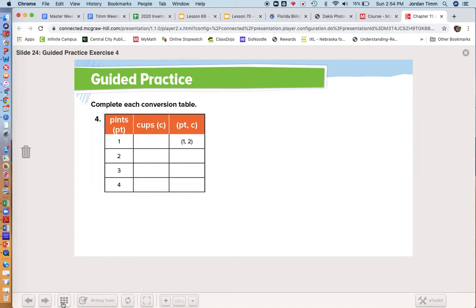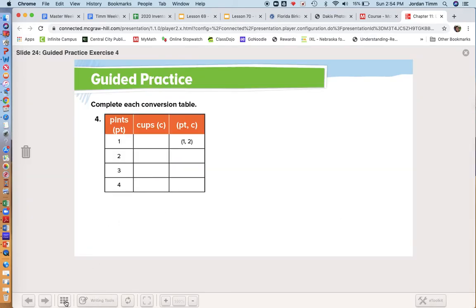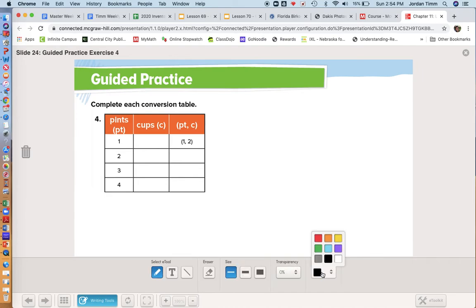Oops, why did I do that? Let's go back. So there are 2 cups in 1 pint. So we have to multiply this by 2. Okay, so then 1 times 2 is 2, and that's why they filled this in, 1 pint, 2 cups, with the parentheses around. So please finish this chart by multiplying the pints by 2.